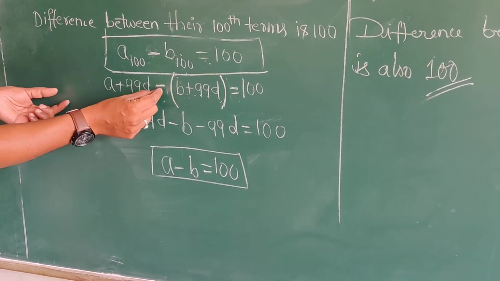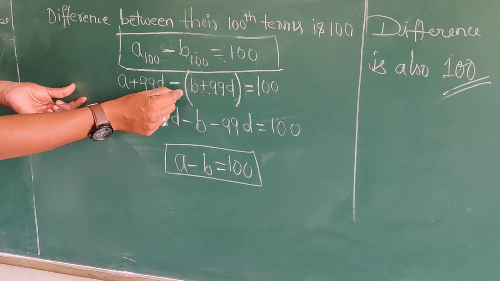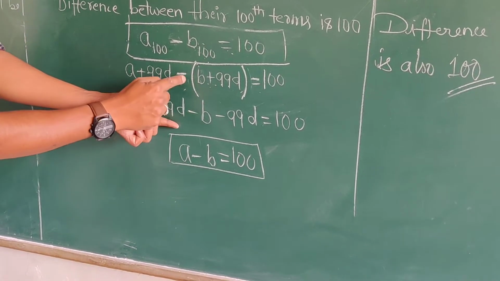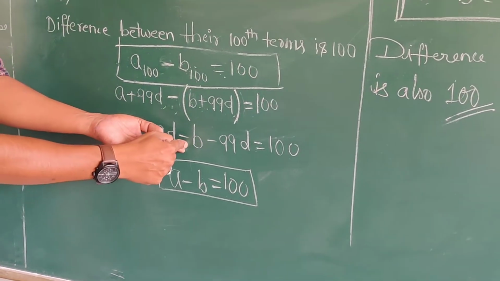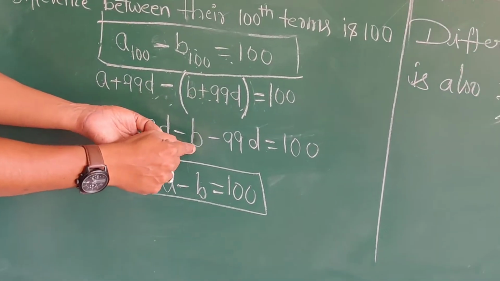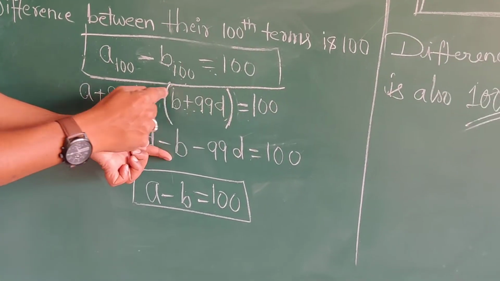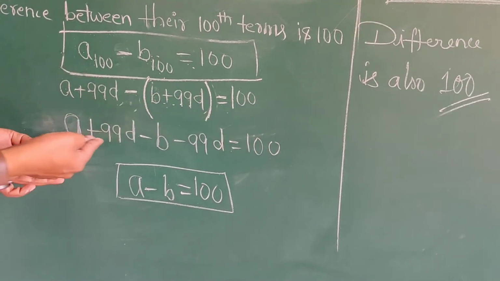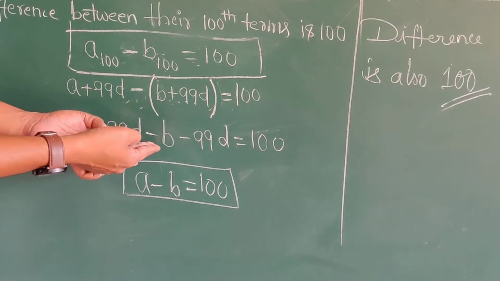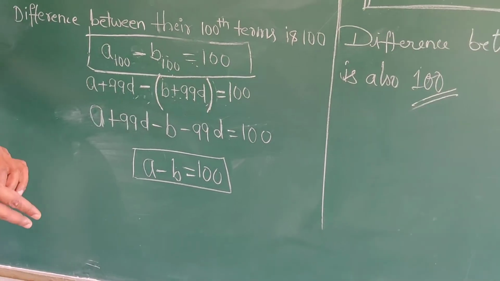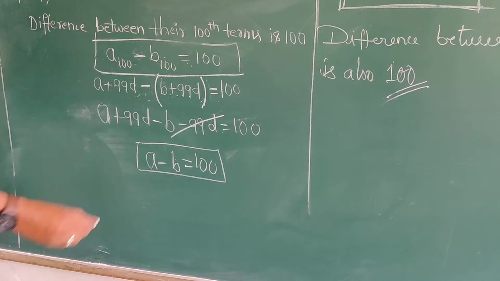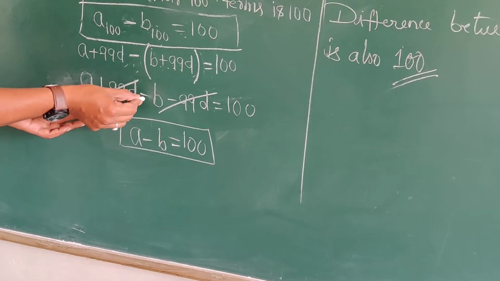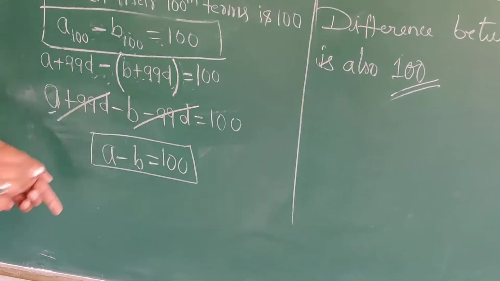Now you have to multiply the whole with minus: minus into plus is minus, so maintain A, plus B becomes minus B, and plus 99D multiplied with minus becomes minus 99D, equals 100. What we got is A plus 99D minus B minus 99D equals 100. Minus 99D plus 99D gets cancelled. What is remaining is A minus B equals 100.